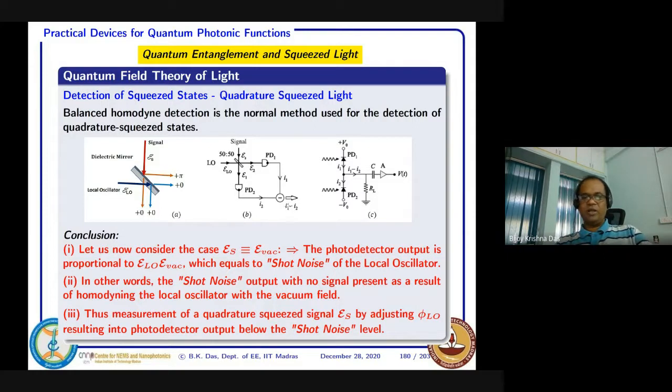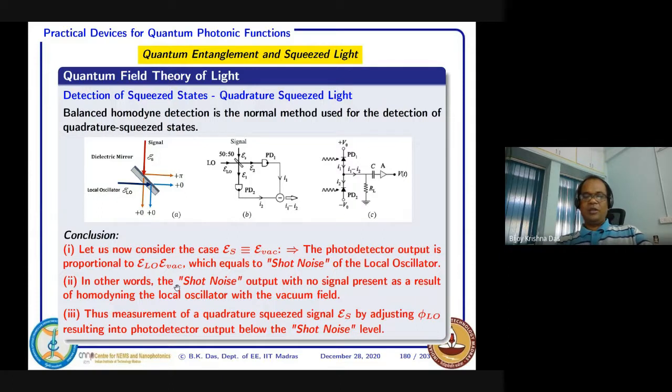If you subtract, only the classical noise is subtracted, but the shot noise is uncorrelated, and that will actually come out as shot noise. So when no signal is there, you will be getting this value. That is the shot noise limit.